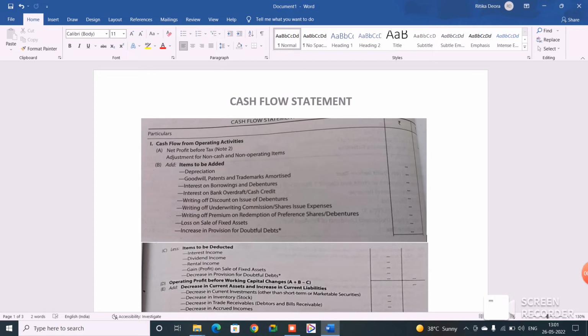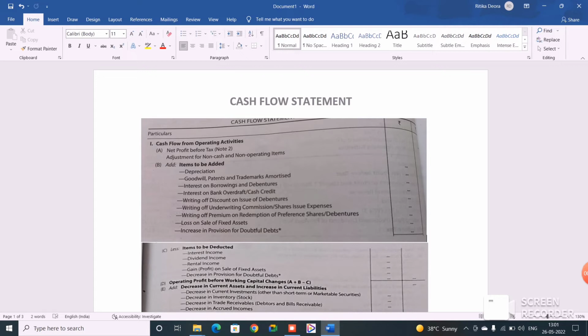So we will remove its effect from the operating activities, and that is why we are adding it back to the NPBT. Because it is debited into statement of P&L, our net profit was reduced because of this expenditure, but we didn't want it to reduce because it is not an operating expense, so we are adding it back.